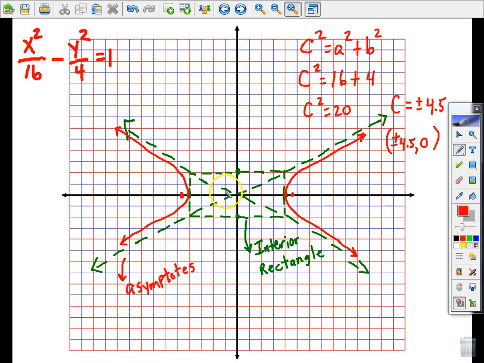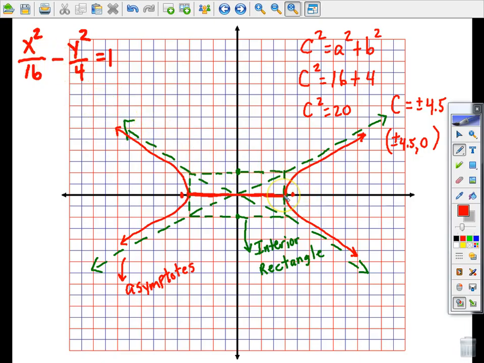Any questions? Let me give you one more term that you will see from time to time, and that is there's a line that connects these vertices. Okay, I'm going to highlight it. In this case, my vertices are 4, 0.